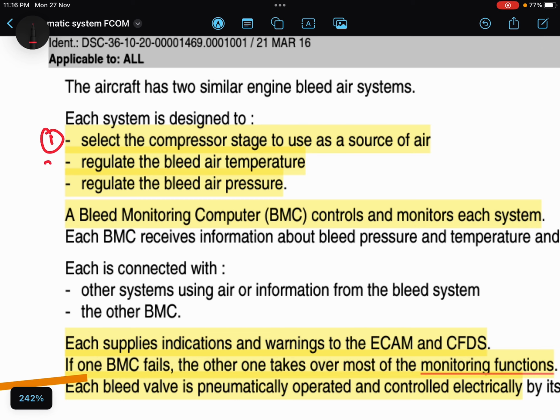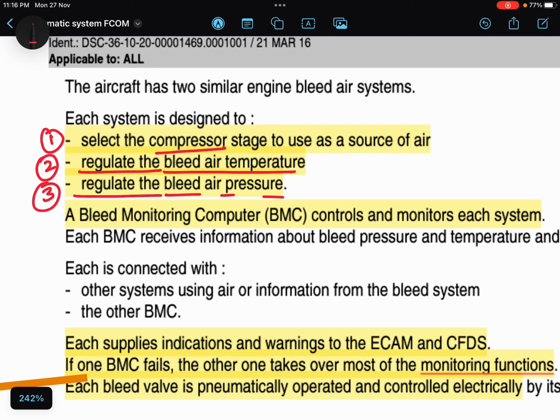Each system is designed to regulate the bleed air temperature, and to regulate the bleed air pressure. Each engine can produce bleed, and it can supply bleed to the different systems.